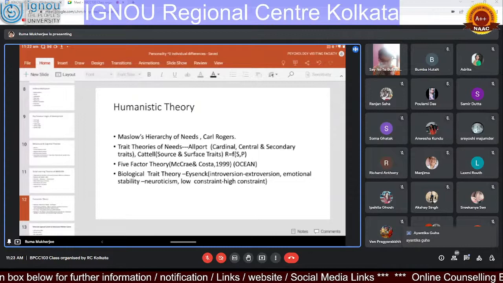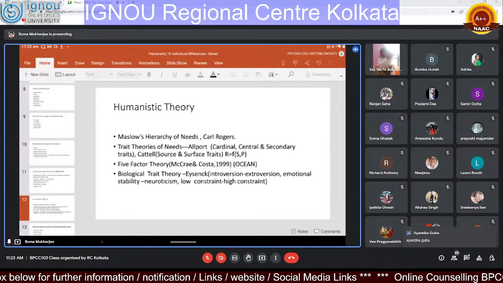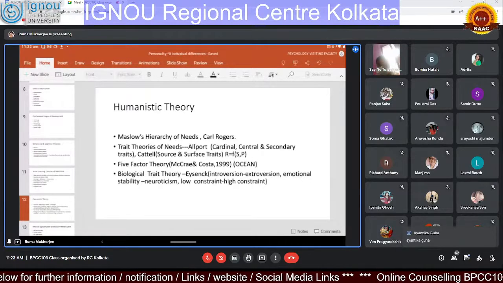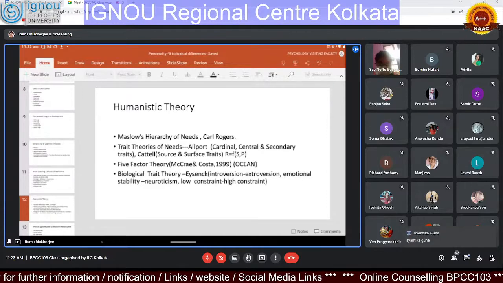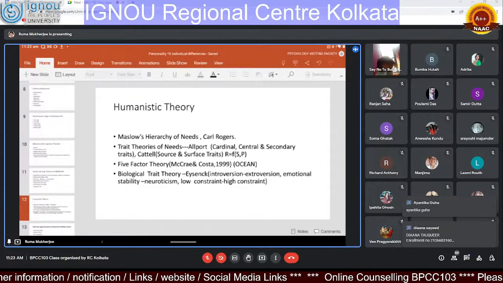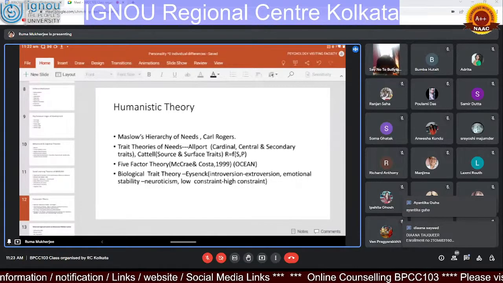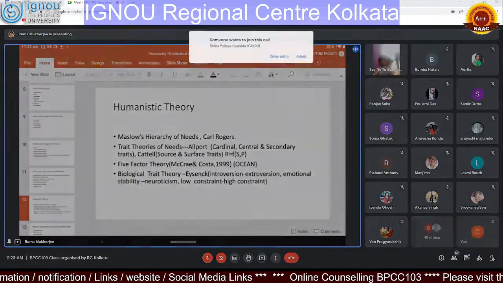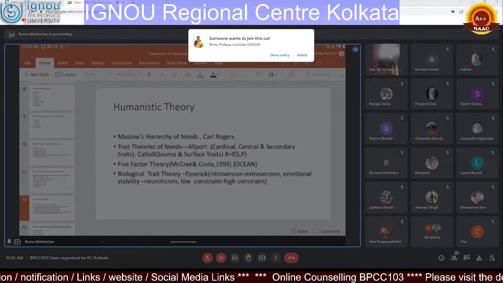So it is similar with this five-factor theory. And the constraint trait refers to the ability to control our impulses, and this is similar to the conscientiousness trait in the Big Five.